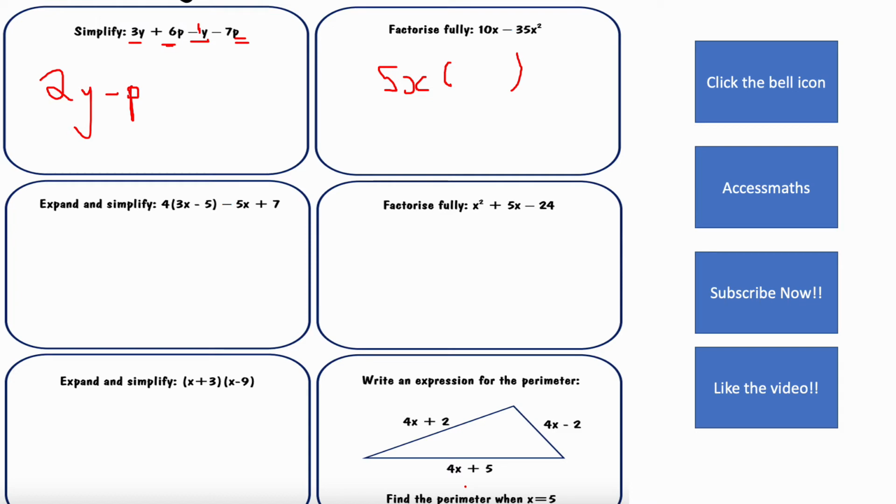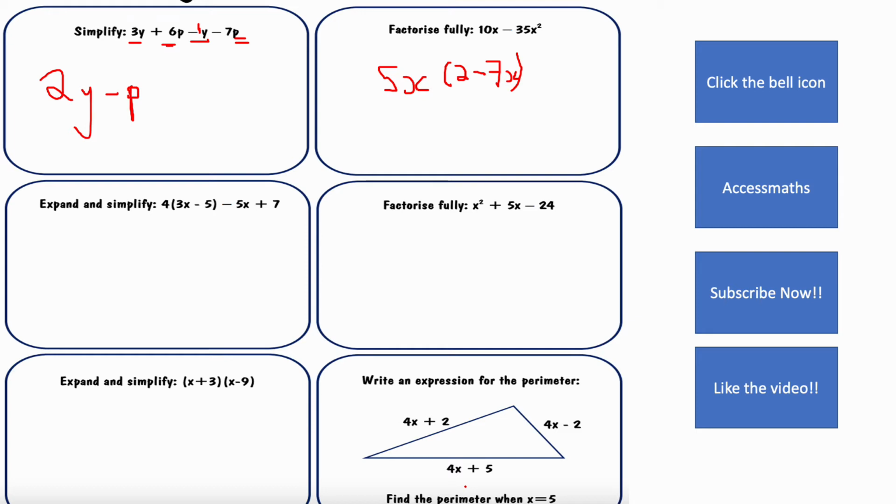For the highest common factor, 5x times 2 is 10x, and 5x times minus 7x is equal to minus 35x squared, because a positive times a negative is a negative. 5 times negative 7 is negative 35, and x times x is equal to x squared.